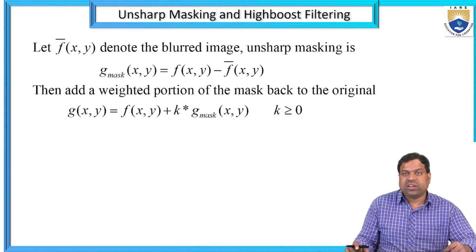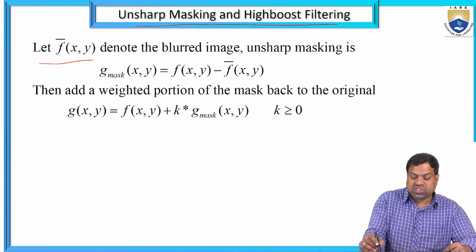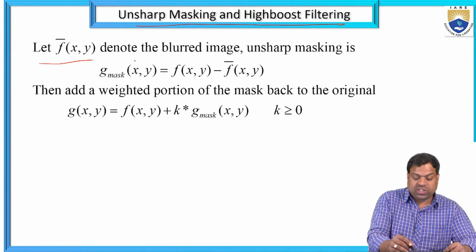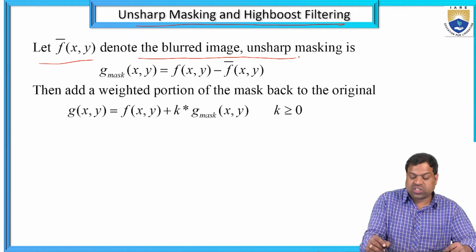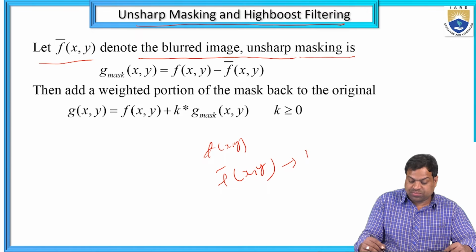Then add a weighted portion of the mask back to the original: g of x comma y equals f of x comma y plus k into g mask of x comma y, where k is greater than or equal to 0.